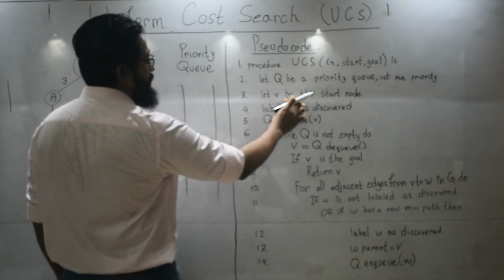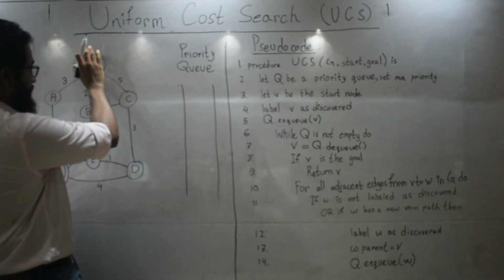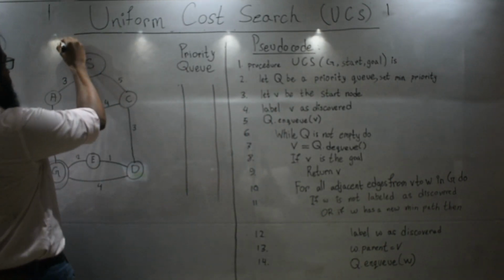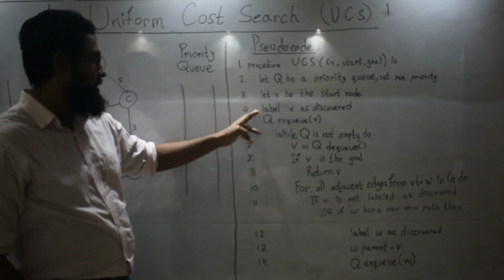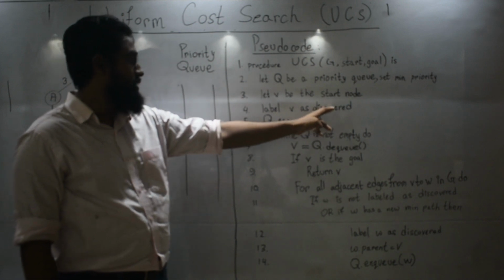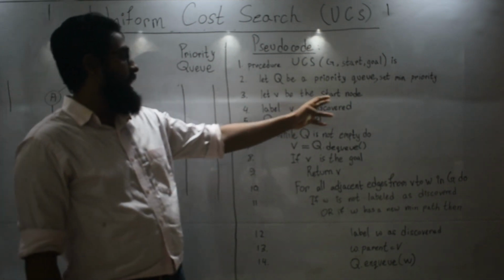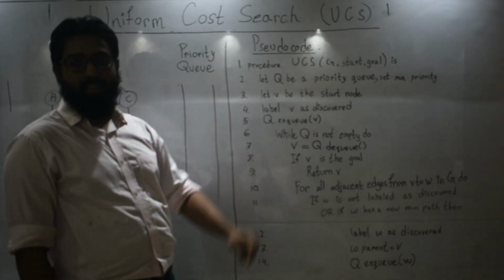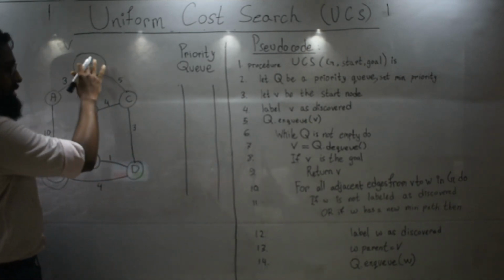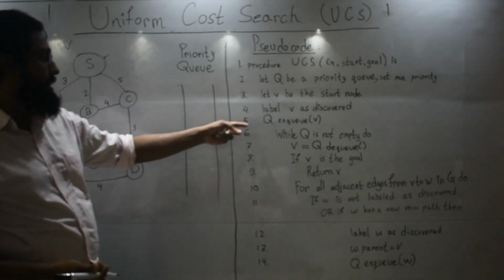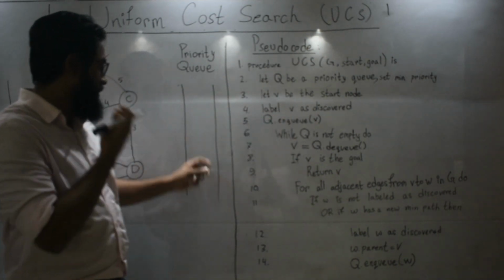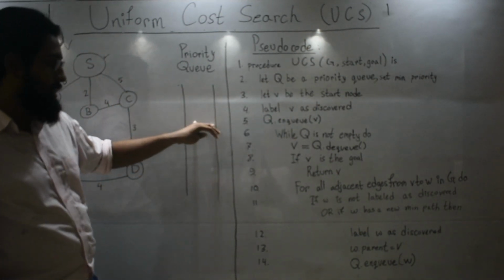Let V be the start node, whatever my start node is over here, it will be V. Okay. Then label V as discovered. So we will discover it somehow, and then we will enqueue V. Okay, we will put it in here.